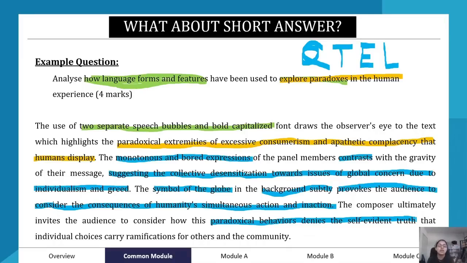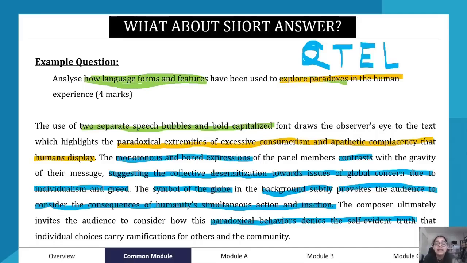So you've got to make sure that in your responses you're answering the question directly. You have obviously the suitable evidence, and you've got an audience impact statement at the end. The really good thing about section 1 of the common module paper is that they never, in the marking criteria, do they say this is the idea that students have to talk about, ever.